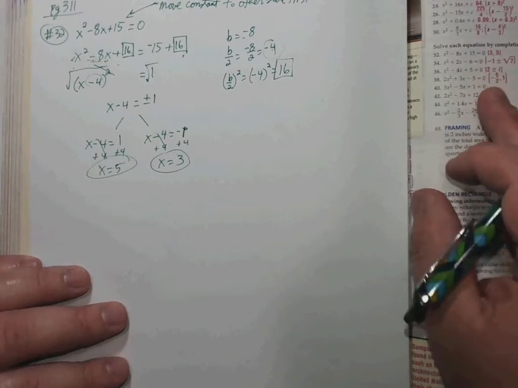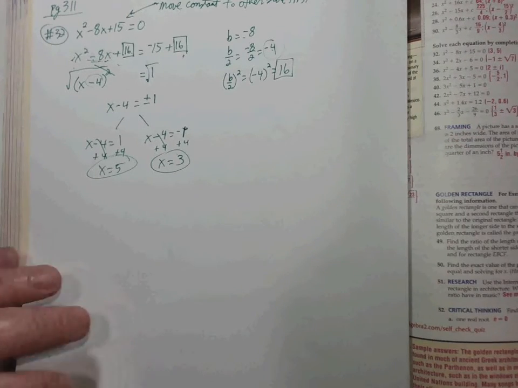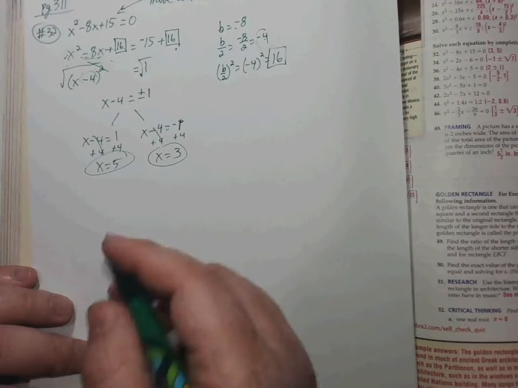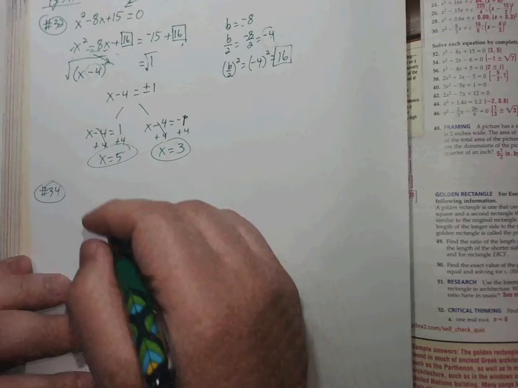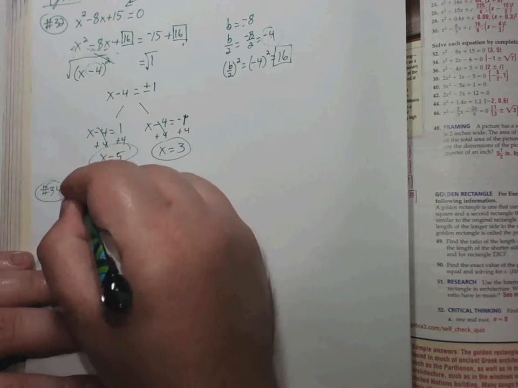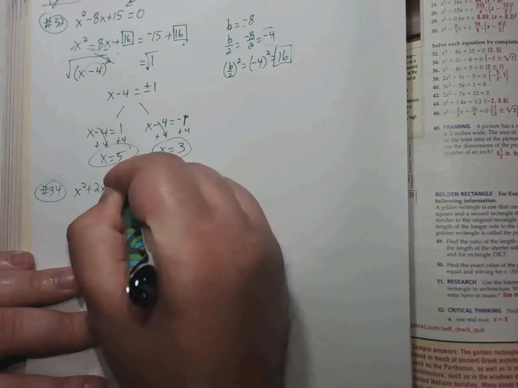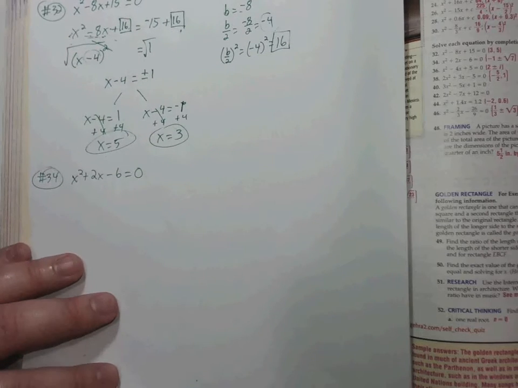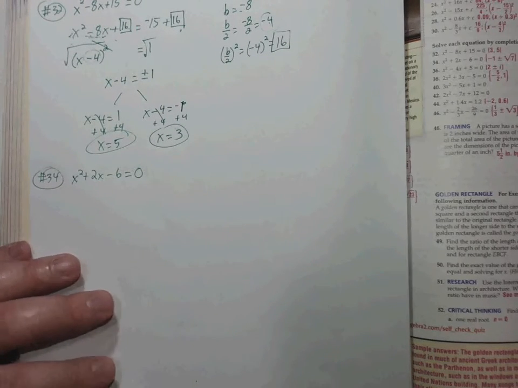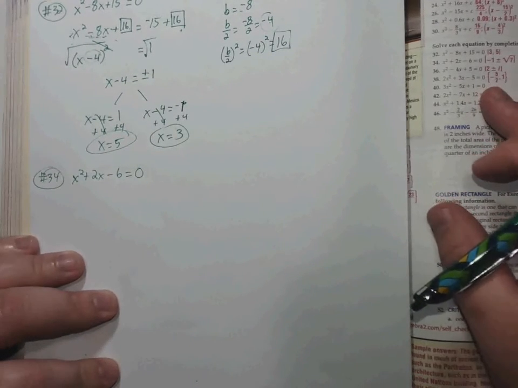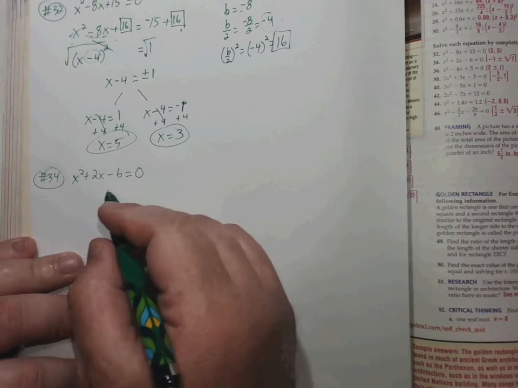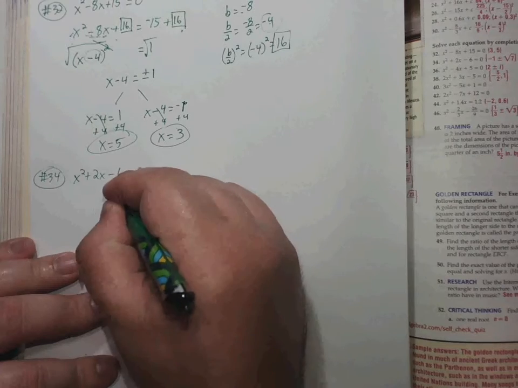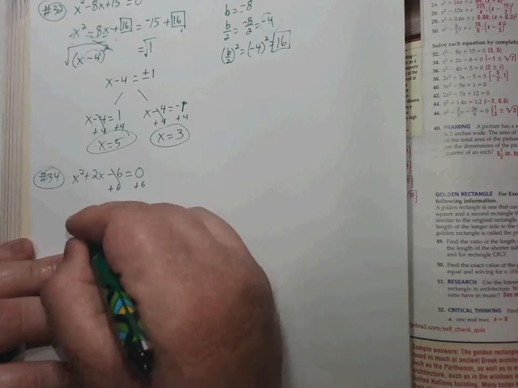Now let's look at one that gives us a nasty radical, an irrational number. It's number 34. So we have x squared plus 2x minus 6 equals 0. So again, first thing, you move the constant over, and then you add your blanks.